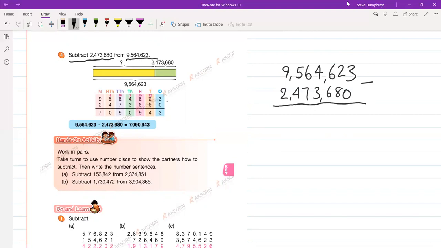3 minus 0 is 3. 2 minus 8, you cannot do. You need to borrow. That becomes 5. That becomes 12. Okay. 12 minus 8 is 4.